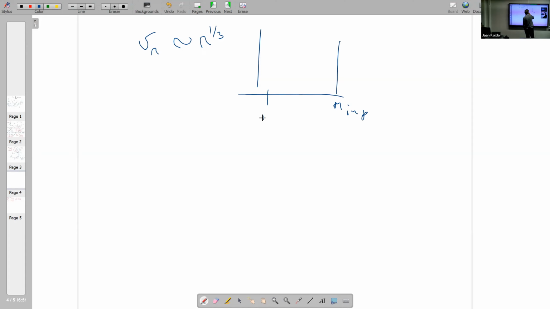Let us denote it maybe eta. And then you have this power law here. If we have log axes, so this is a log, and here also log of r, then it's a straight line.